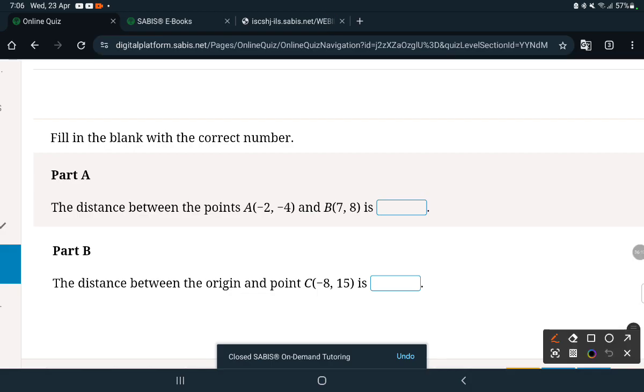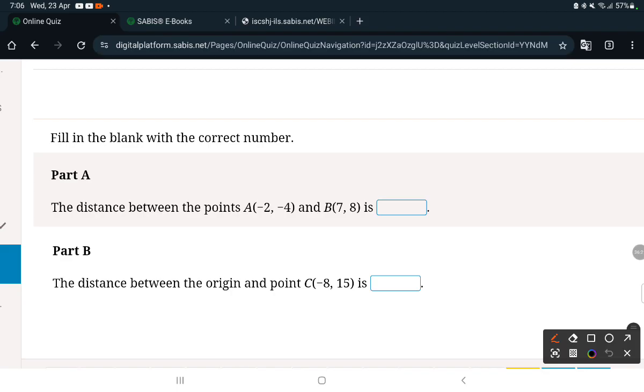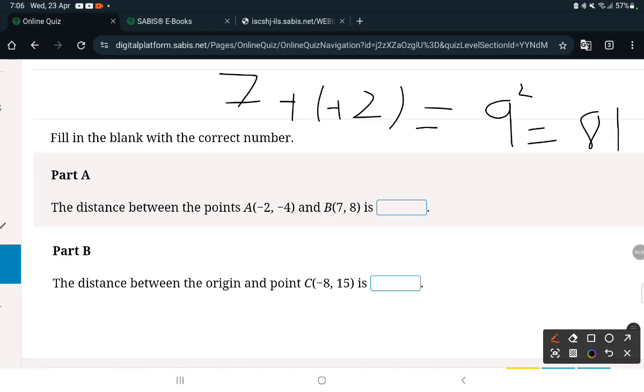Distance. Again, the first two words and you already know what formula you should be using. It's that simple. Okay, so x2 minus x1. We have 7 minus 2. That's going to be 9. 9 squared is going to be 81. Then we have y2, which is 8, minus 4, because y2 minus y1.